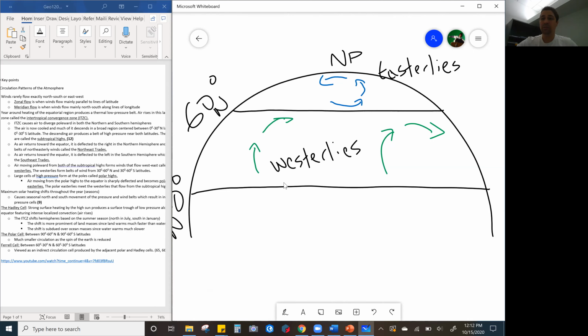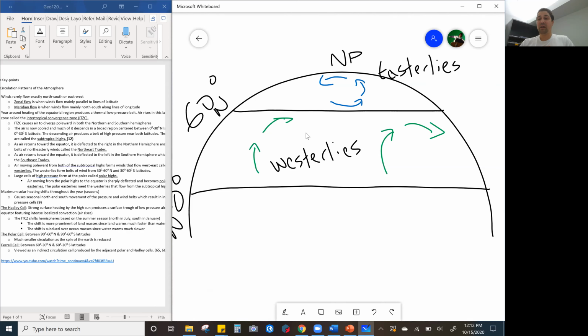Remember, this is high pressure near 30 degrees because of the subtropical high. The air generated in this region creates this high pressure, and the Coriolis effect deflects it. I'm only looking at the northern hemisphere here, so the Coriolis effect deflects the air to the right in this instance. In the southern hemisphere, it would be the opposite, just so you know. But now we're looking at air being deflected to the right.